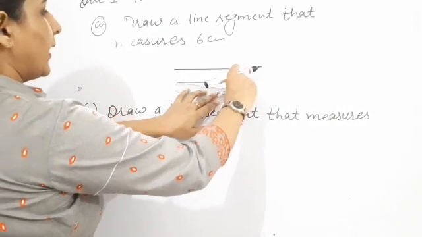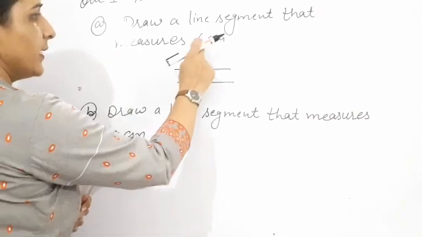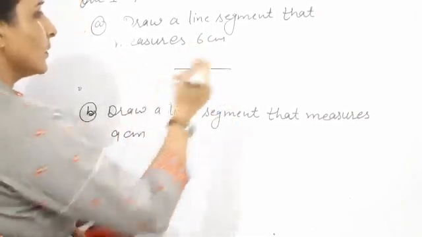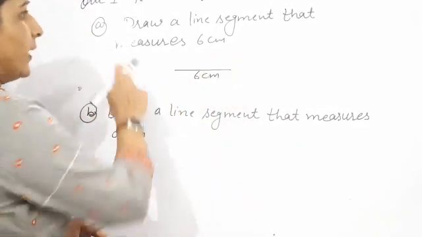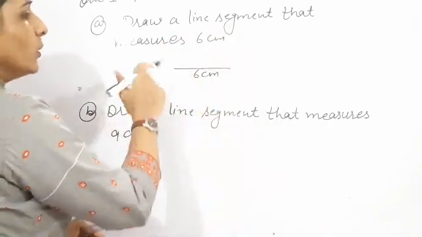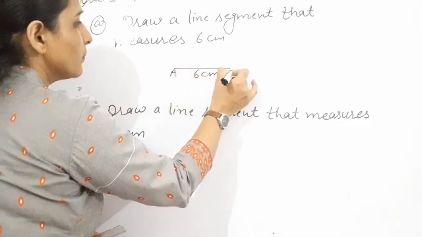And then write here: the length of this one is 6 centimeter. Here X, Y, A, B are not given, so if you want to give a name, you can give the name like A, B.